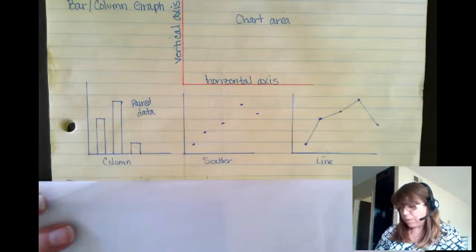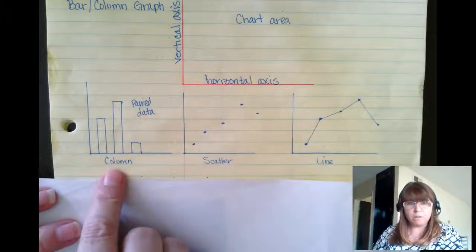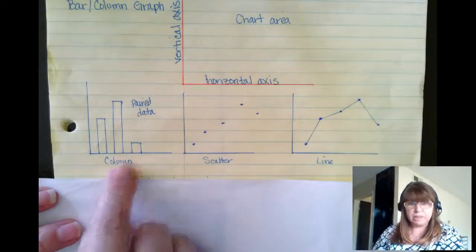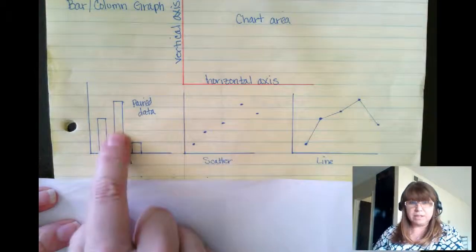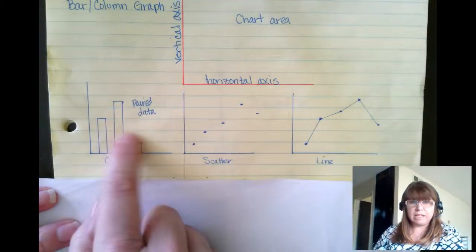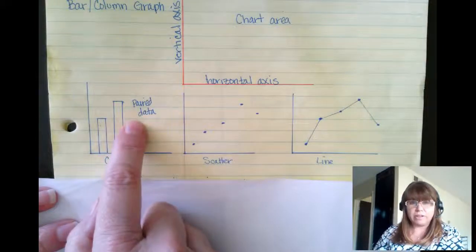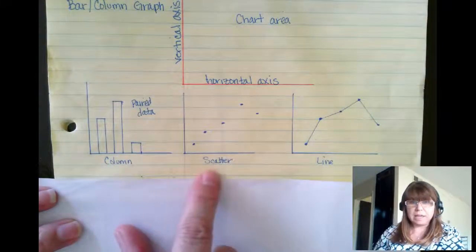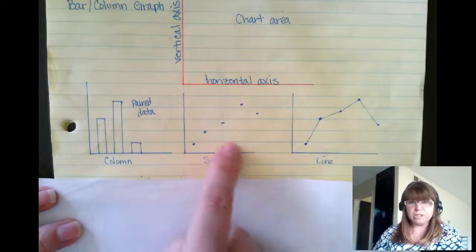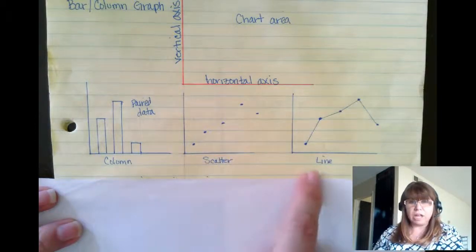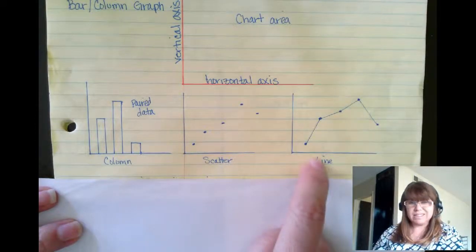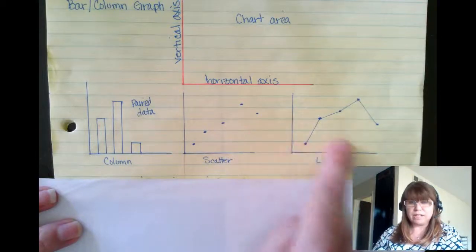We have a column chart, and the paired data would be in this area. Anything in the graphing area is our data set. A scatter plot just looks like a whole bunch of dots, and the line graph is, in essence, a scatter plot with the dots connected.